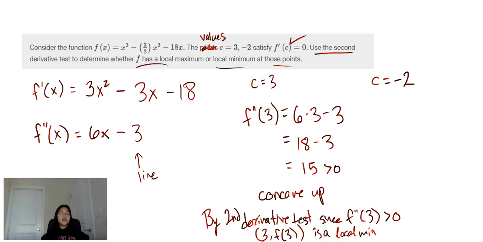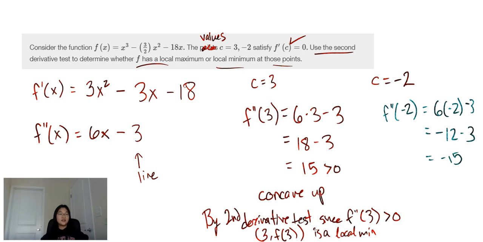When c equals negative 2, we have f double prime of negative 2 equals 6 times negative 2 minus 3, and this is going to give me a very negative number, right? Minus 3. Oh, it's just negative 15. So that means my function is concave down at x equals negative 2. Concave down means what kind of extrema do I have? I have a maximum.